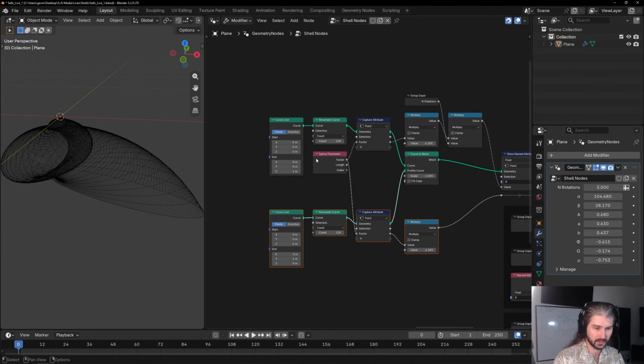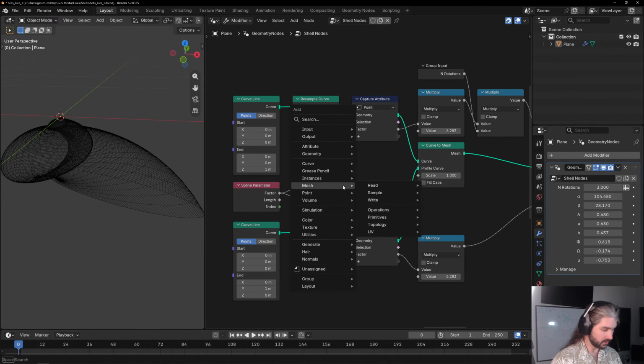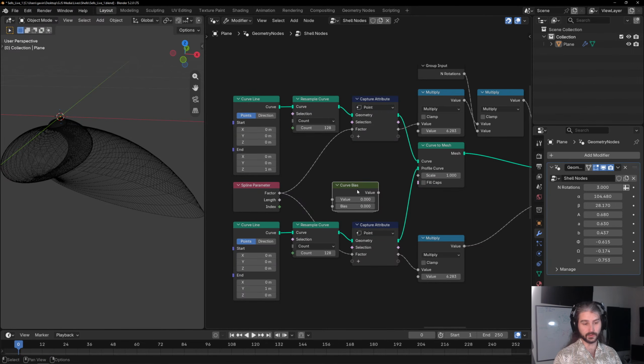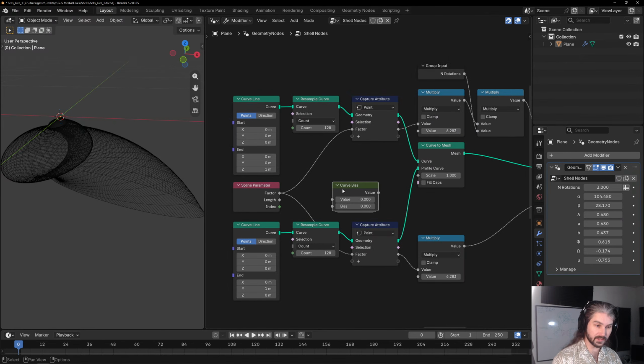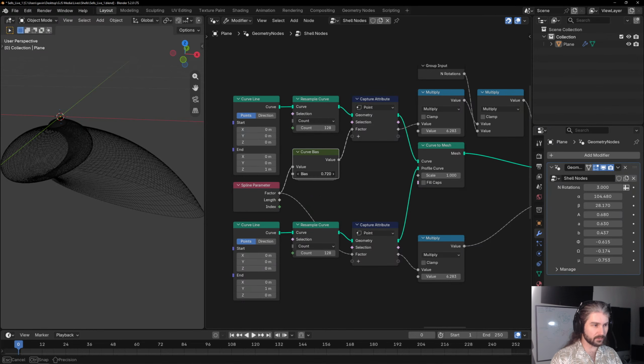We're going to create a little bit more space, and we're going to add in a custom node that I've made, which is a curve bias node. What this does is it reads a couple of float curves. I could replace that with a function, but it gets the job done. Essentially, it takes a factor, some value between 0 and 1. It assumes that it's linear, but it doesn't have to be linear. In this case, it's not. So we're going to add a bias.